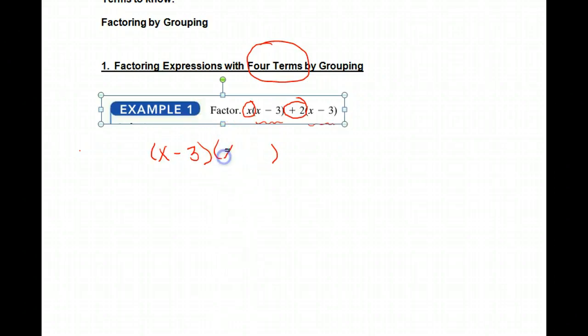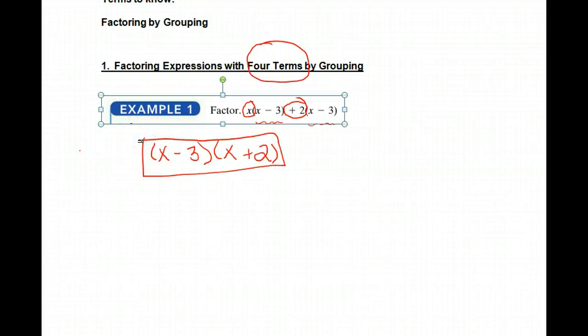So we bring down the x and we bring down the positive 2, and those terms are put back together in order to form a second quantity. You scan those terms to make sure that they don't have any common factors that can be brought outside of those quantities. Ours does not, and we are finished. That is the answer to this problem.